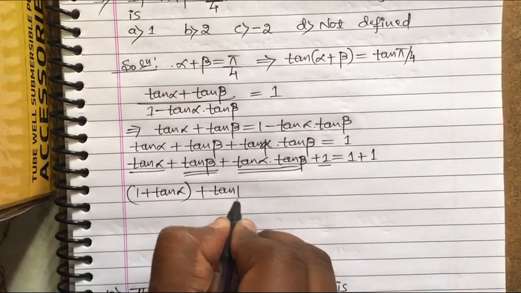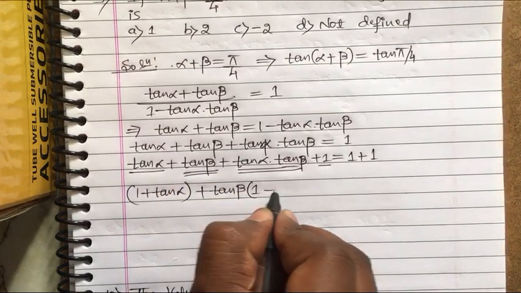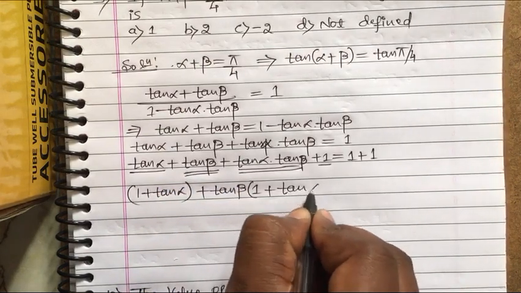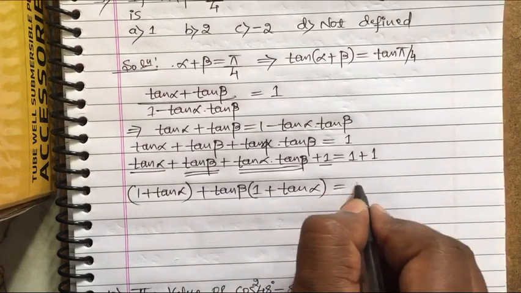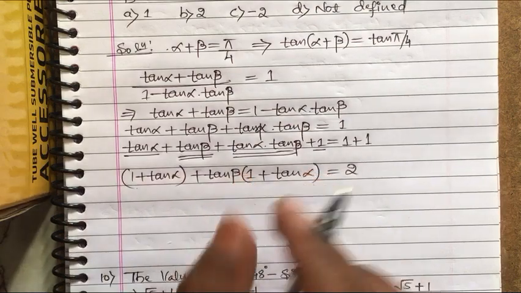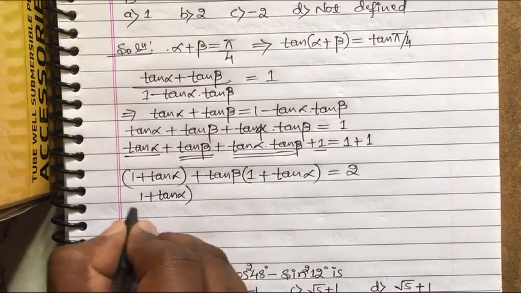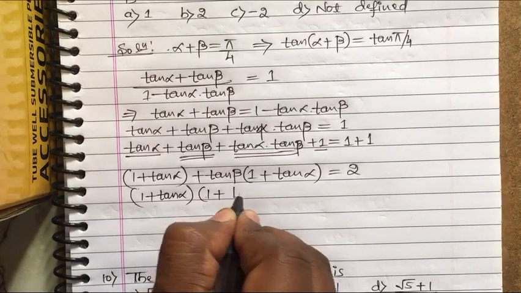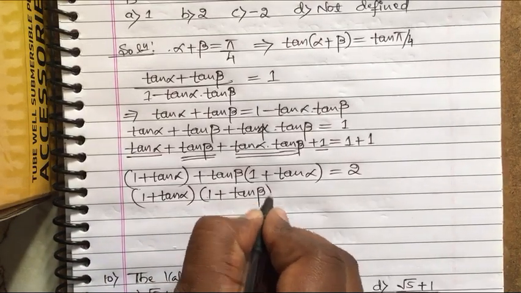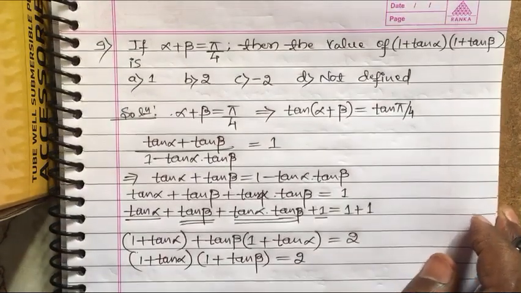What do we get now? Here we are left with 1 plus tan alpha, which equals 1 plus 1, it is 2. So now in both the terms we have 1 plus tan alpha as a common term. 1 plus tan alpha into 1 plus tan beta equals 2. So this is the required answer.